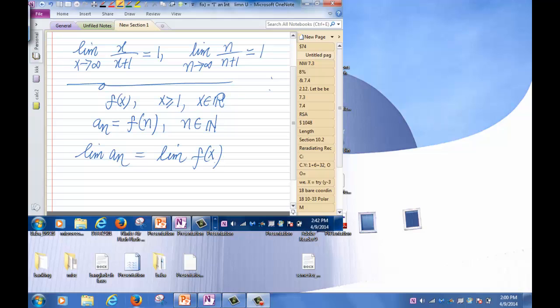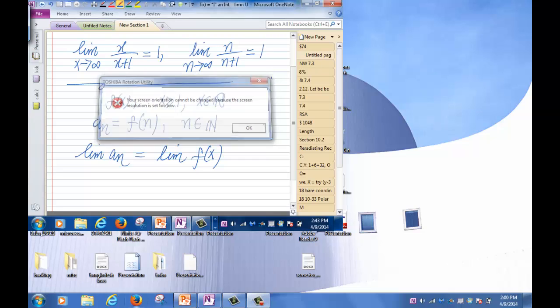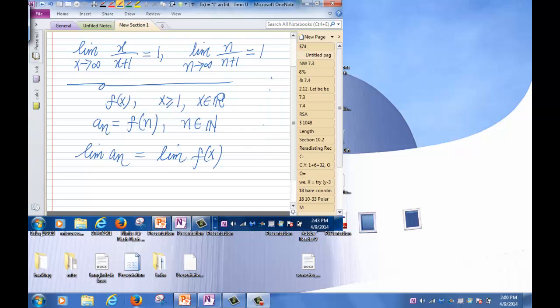Is everybody okay? Notice that I didn't say going to infinity or not, but that's implied, because whenever we talk about the limit of the sequence, we are talking about the limit as n goes to infinity. So in both limits, here x goes to infinity, here n goes to infinity. Okay, the limit of an is the same as the limit of f of x as x goes to infinity if the nth term of the sequence is the same as f of n.